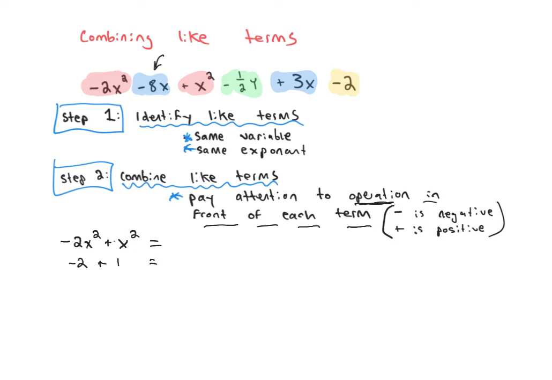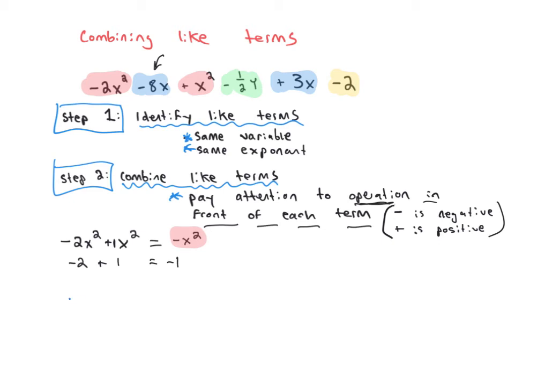Right, there's a little secret 1 in front of that x squared. So negative 2 plus 1 is negative 1. That means I have negative 1x squared, which I can just write as negative x squared. All right, I'm going to go ahead and highlight that so I know that that's my answer for that negative x squared.